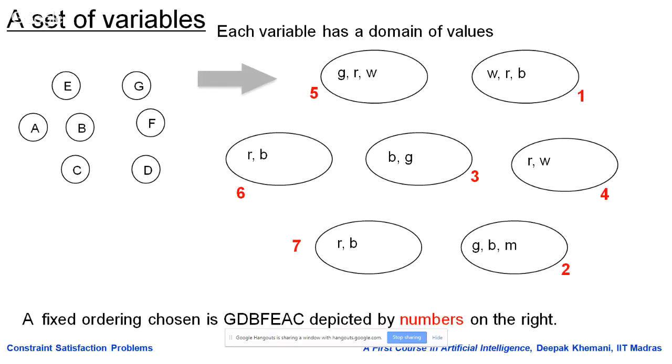Typically, we would choose a fixed ordering, and we have chosen an order. As you can see, we will process G first, which means we will look for a value for G, indicated by the number 1 written next to the domain of G in red color. After that, we will move to D, then to B, then to F, then to E, and then to A and C. So the task is to find values for these variables from their respective domains.